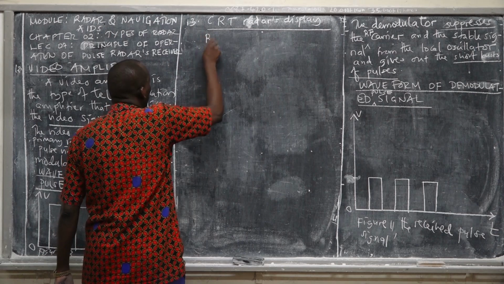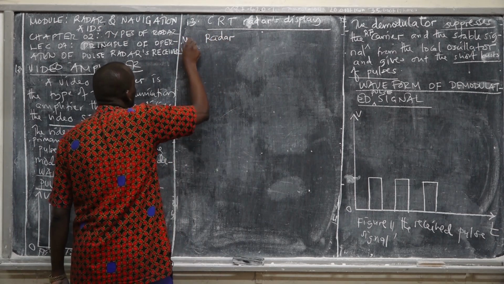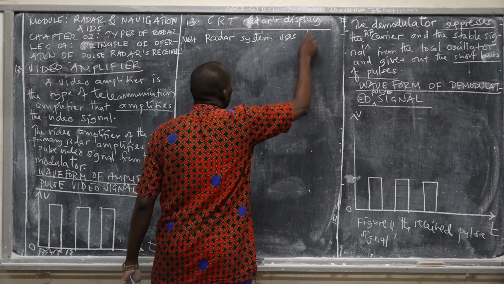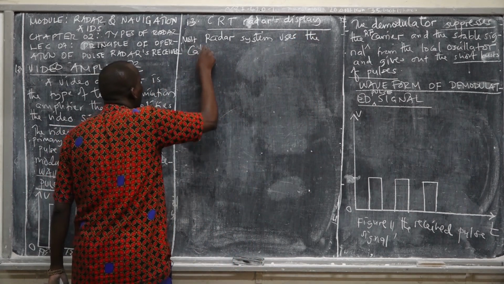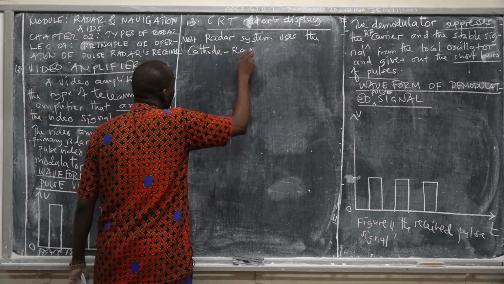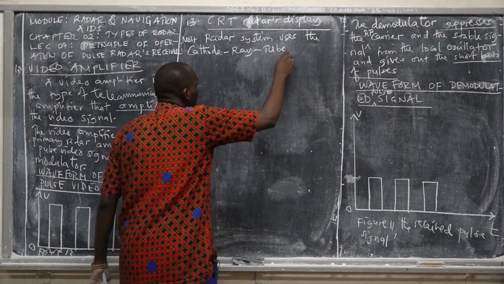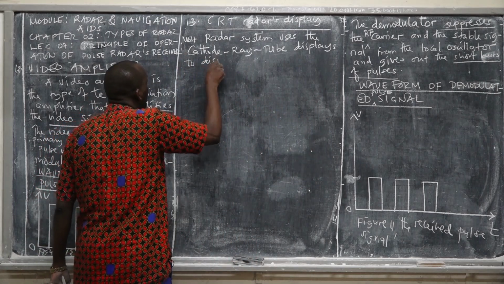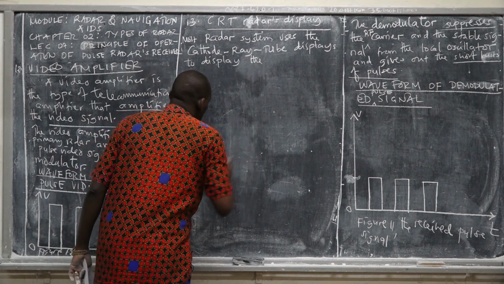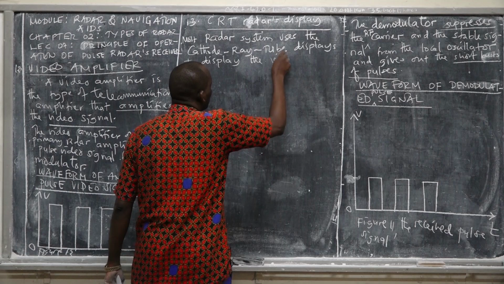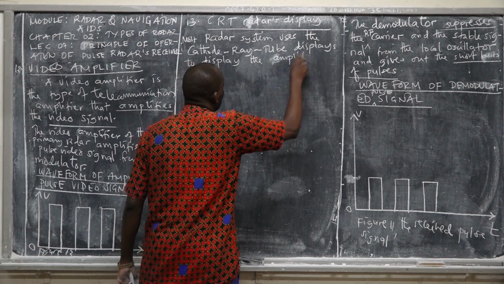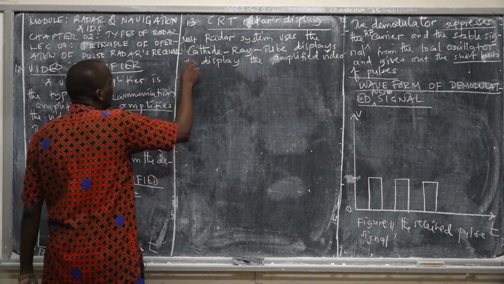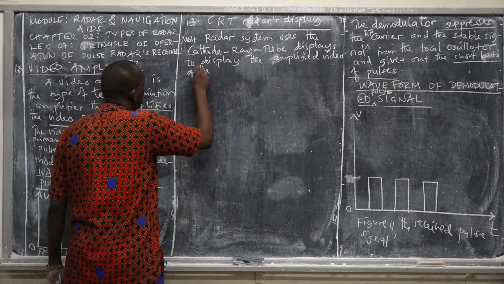So first of all, most radar systems use cathode ray tube displays, to display the amplified video of the target.